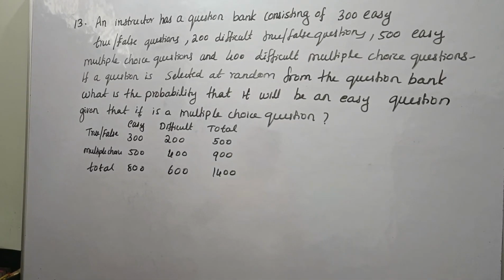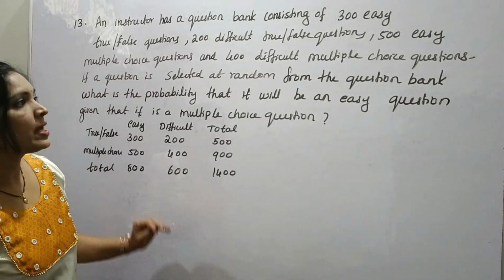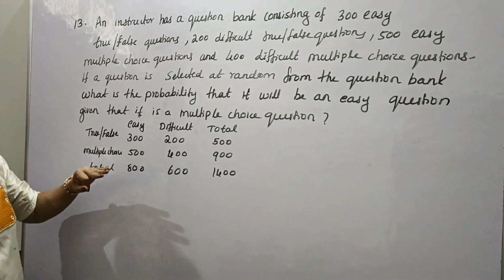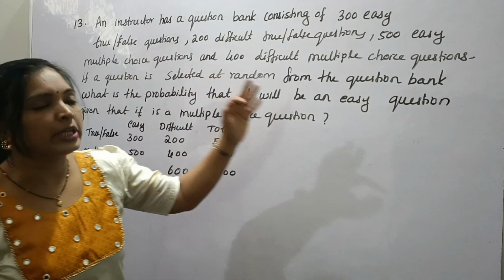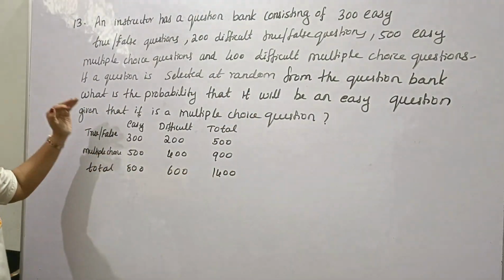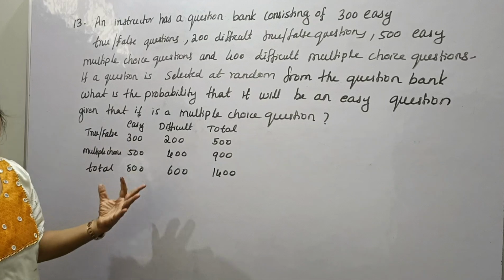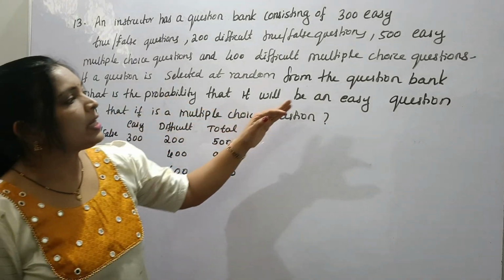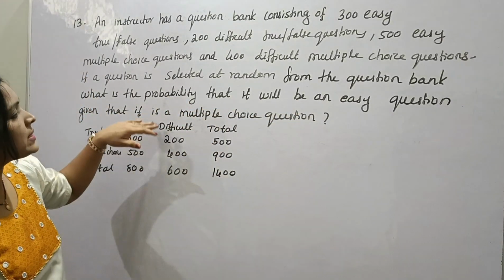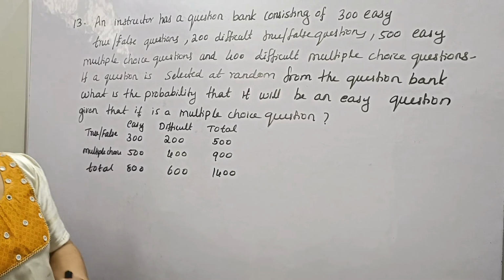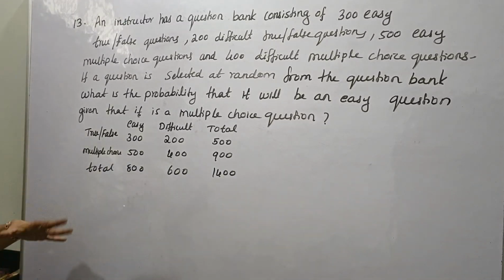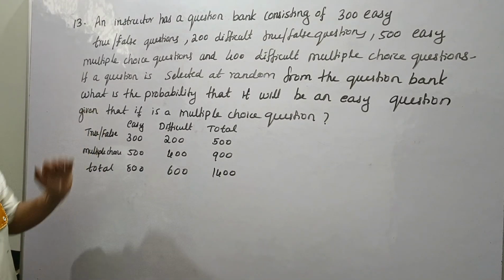An instructor has a question bank consisting of 300 easy true or false questions, 200 difficult true or false questions, 500 easy multiple choice questions and 400 difficult multiple choice questions. If a question is selected at random from the question bank, what is the conditional probability that it will be an easy question given that it is a multiple choice question? So here, first of all, let's make a table of the given information.